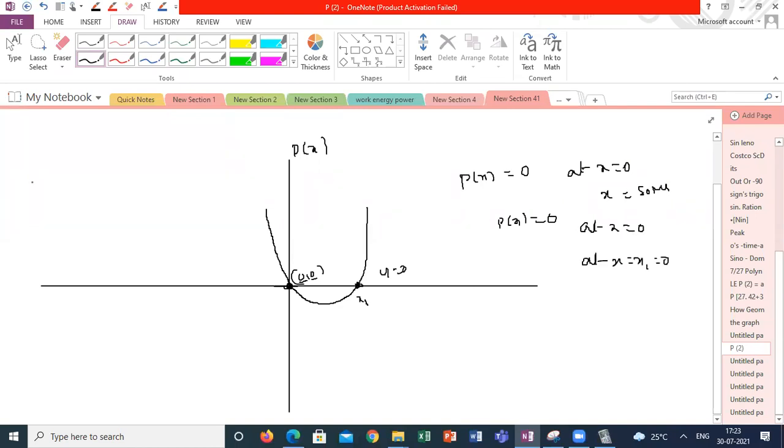For example, if I am saying y is equal to x square minus 4x. Sorry, I said x square plus 2x earlier. At x equal to 0, your y is equal to 0. At x equal to 4, your y is equal to 0.